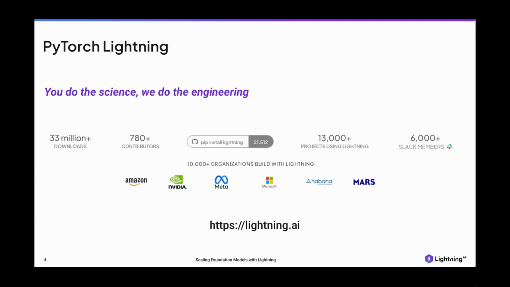So what is PyTorch Lightning about? It's about trying to make people focus on the science rather than the engineering hurdles as much as possible. And the concept of boilerplate is dear to us.